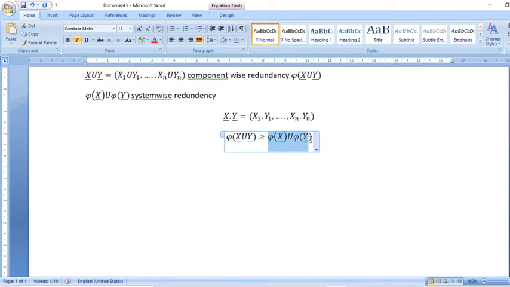Okay, that is the reason for connecting two engines for an aeroplane, or you are keeping two pens with you. Okay, so system wise redundancy is not as good as the component wise redundancy concept.